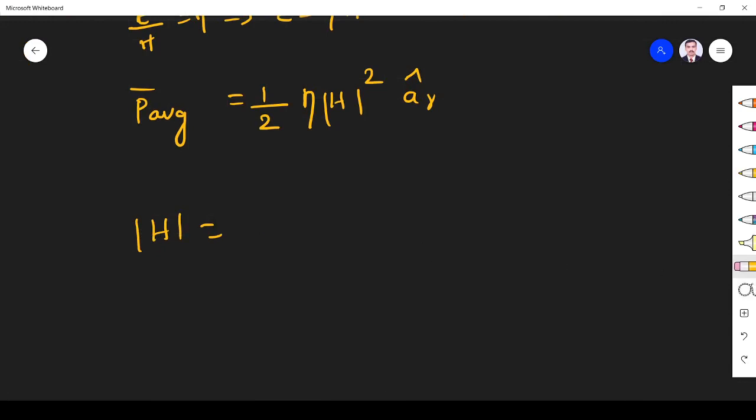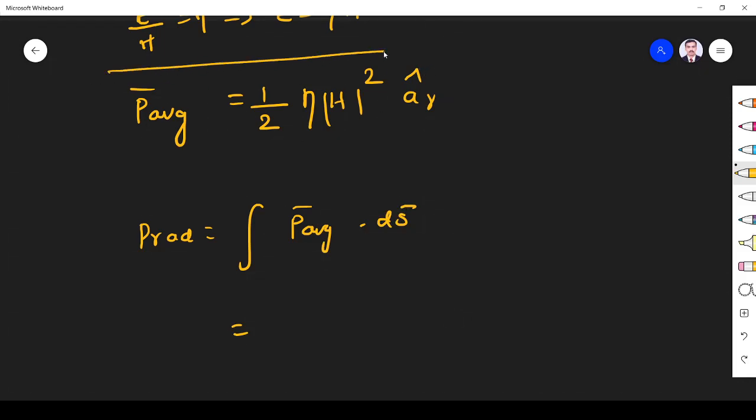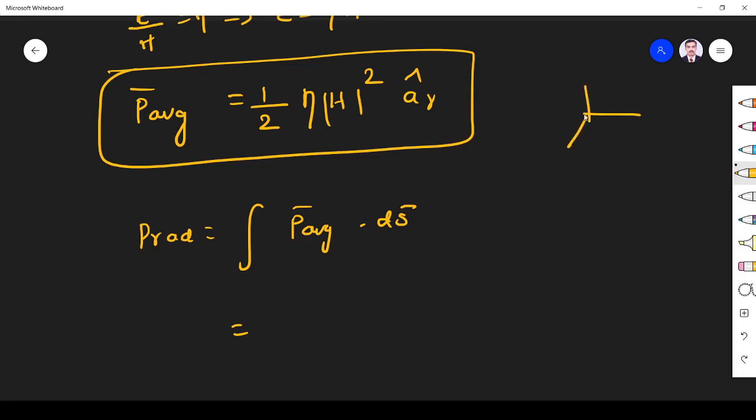Next, we substitute the formula. Now I want P radiated. P radiated is equal to P average dot ds. P average is along the r direction, because we keep our antenna in the r direction.